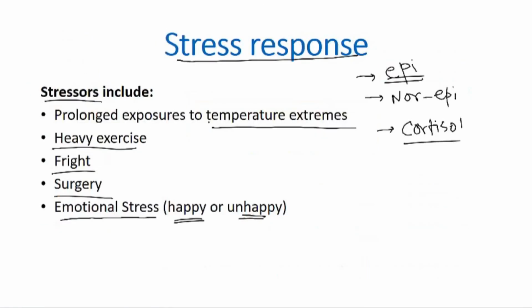Now, to understand how this stress response works, we need to know, as I told you earlier, the complete mechanism of the endocrine system. If I draw a schematic, this is the endocrine system linked with all three hormones that we talked about. Now these endocrine glands are regulated by the gland from where epinephrine, norepinephrine, and cortisol are secreted.